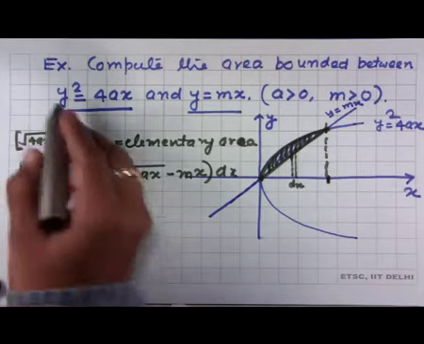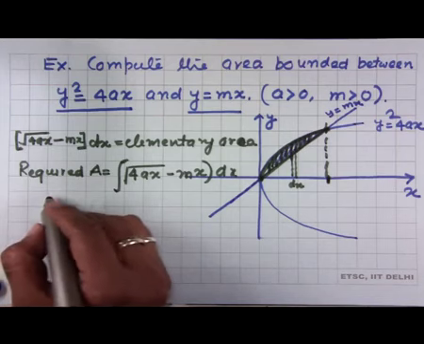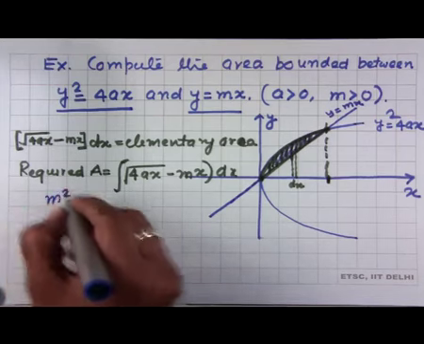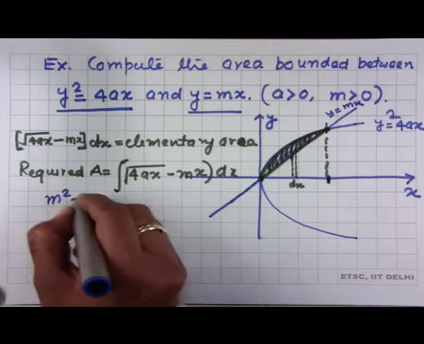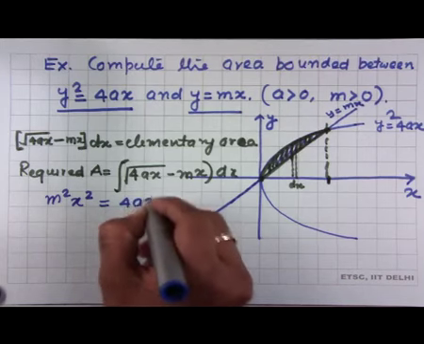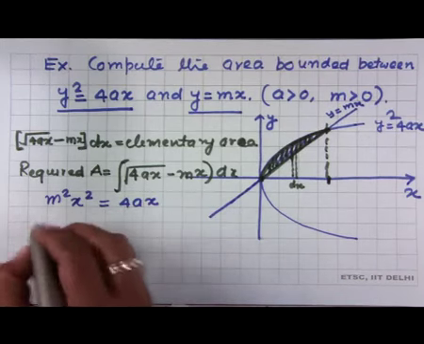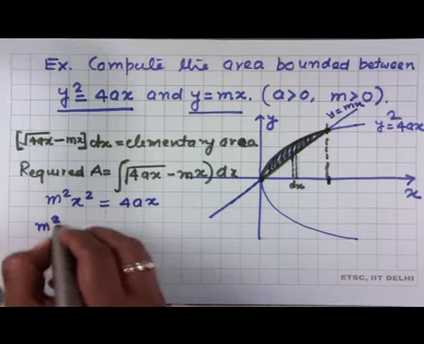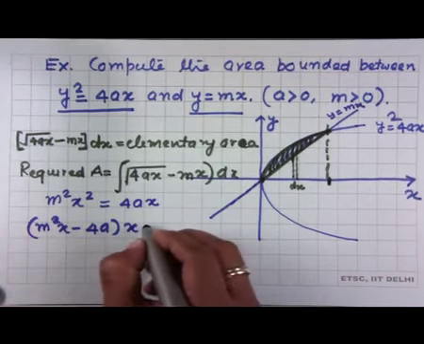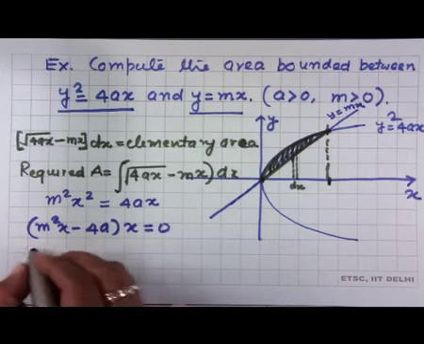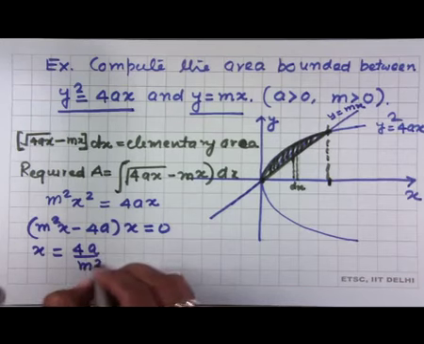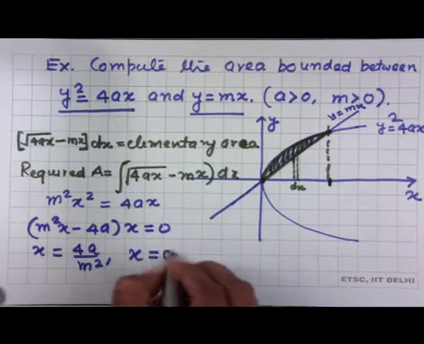If you put y equals mx here, you get m square x square equals 4ax. So, m square x minus 4a into x is 0. So, x is 4a by m square, or x is 0.